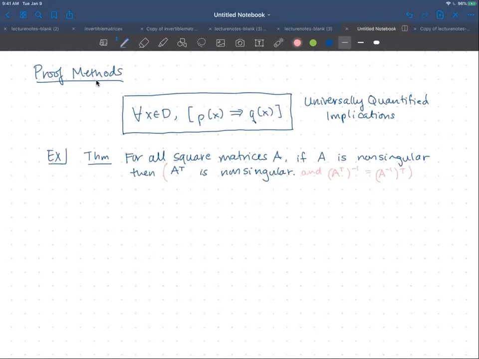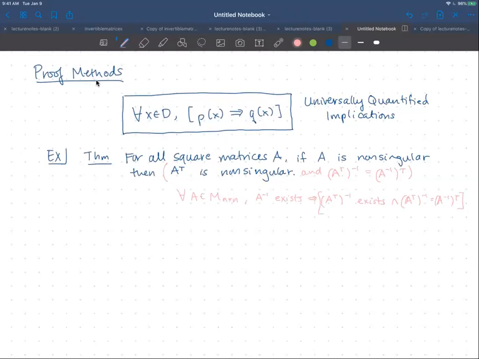So there you can see the form of this is: for all A in the set of n by n matrices, A inverse exists, which is one way of saying A is non-singular, implies A transpose inverse exists, and A transpose inverse equals A inverse transpose.